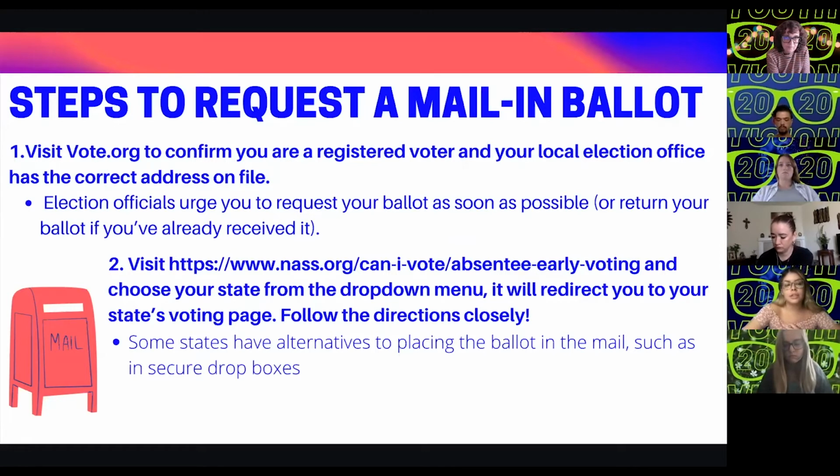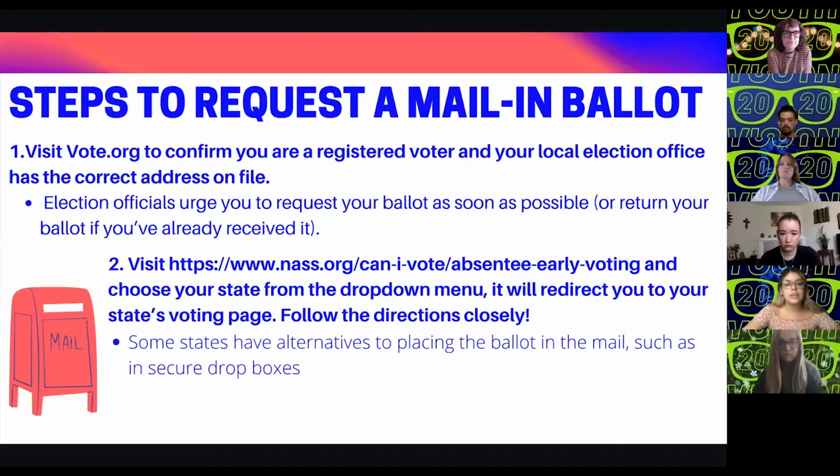Election officials urge you to request your ballot as soon as possible or return your ballot if you've already received it, to ensure that it has enough time to be processed by the United States Postal Service, which has had recent delays sparked by political controversy after Trump expressed opposition for additional funding to deal with the influx of mail-in ballots.